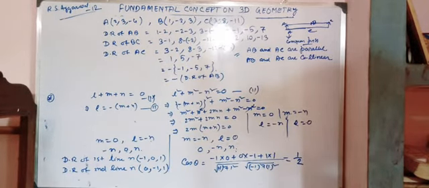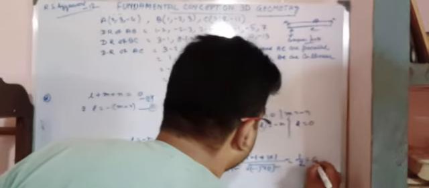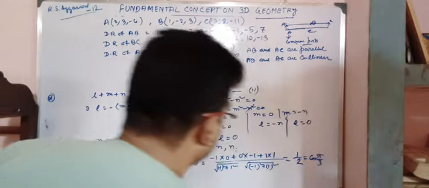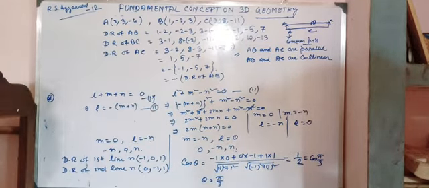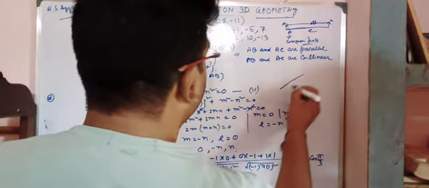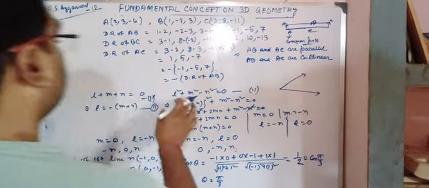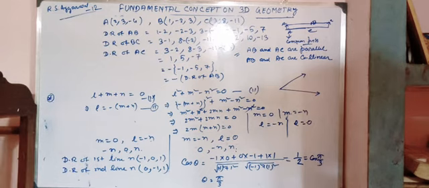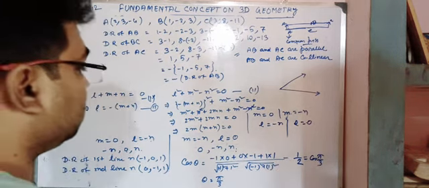Now cos π/3 = 1/2, so θ should be π/3. This is the first line, this is the second line. The relation between their direction ratios is given in this format. So the angle between them is π/3.